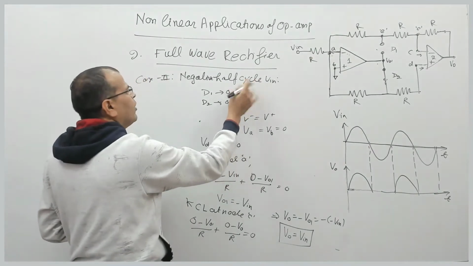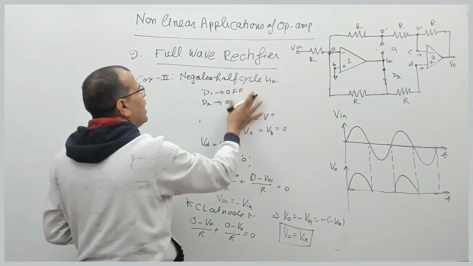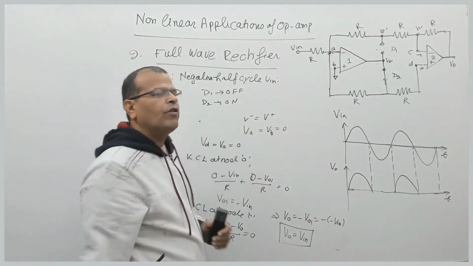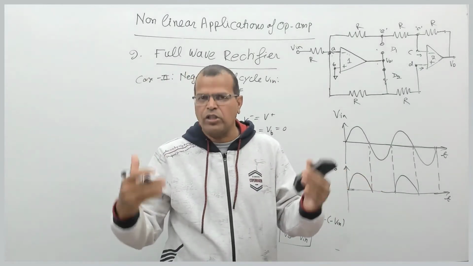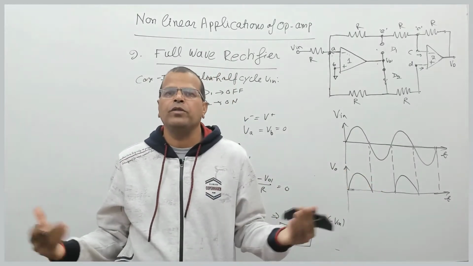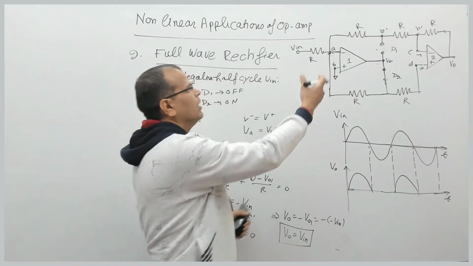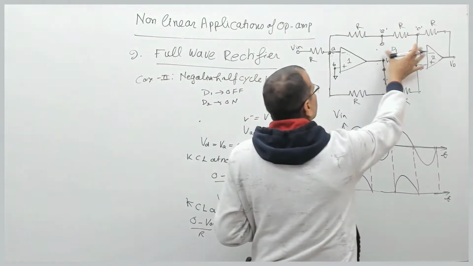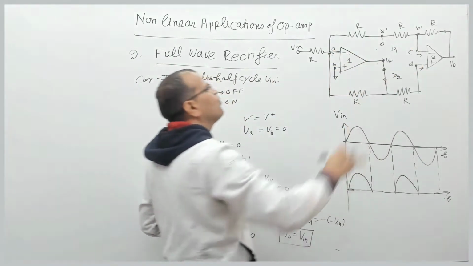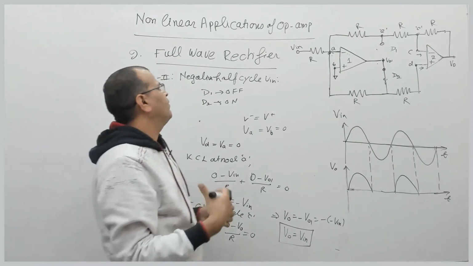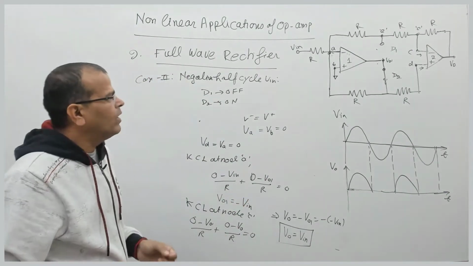So diode D1 will be off and D2 will be on. Forward biased diode means on, short circuit, and reverse biased diode means off, open circuit. So this becomes the equivalent circuit for the negative half cycle, right? Now let us see it carefully.